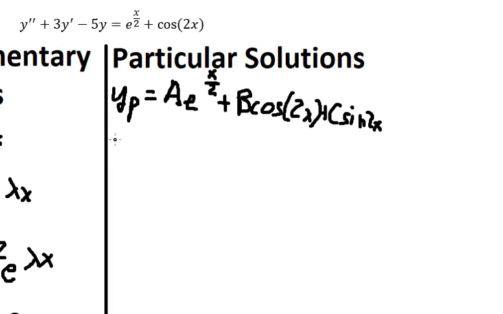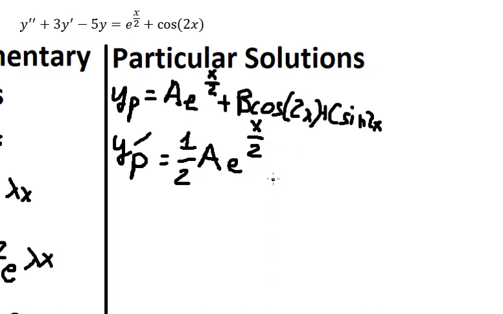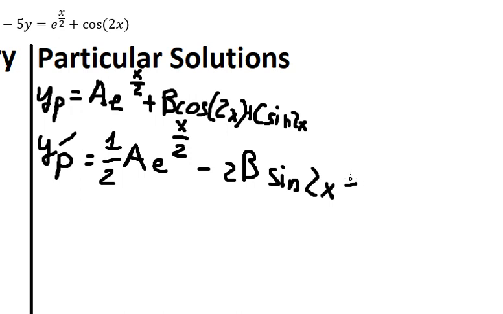Now if we do the first derivative of this one, we have 1 over 2 A e to the power of s over 2. This one we have negative 2b sine 2s. This one we have 2c cosine 2s.